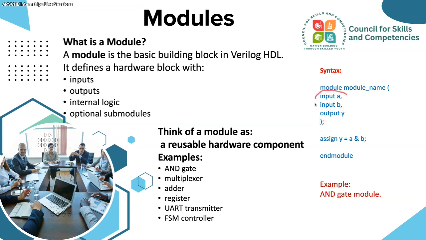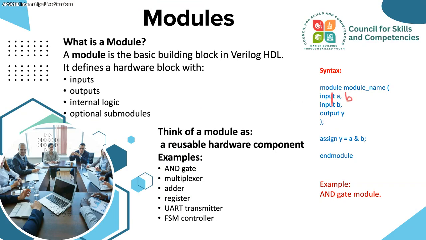Inside, we define what the inputs to that hardware are and what the outputs are. Those ports we mention inside the module. We are creating a module, and that module has a name. To that module, we give the inputs and outputs. Since both inputs are the same type, you can write input a comma b.